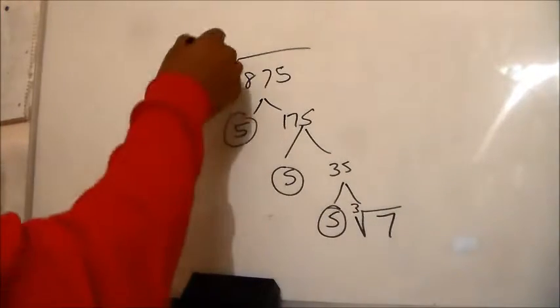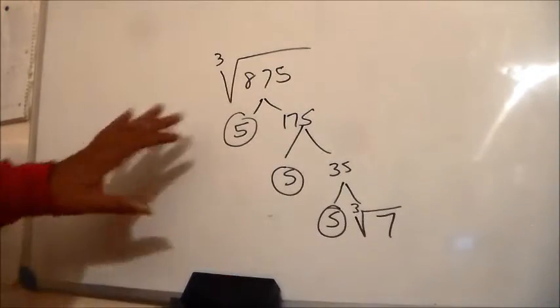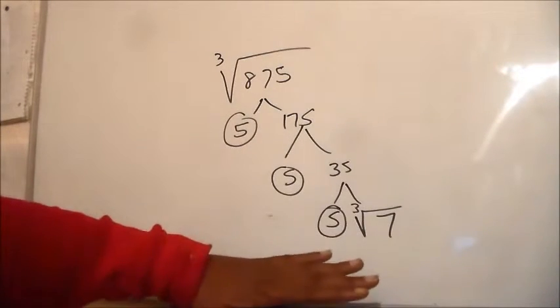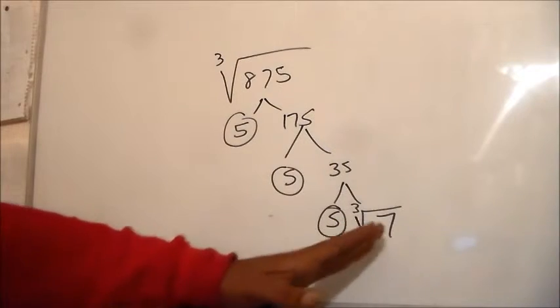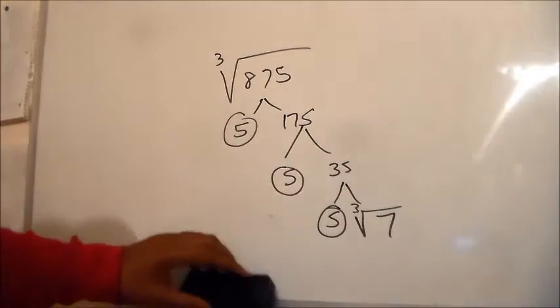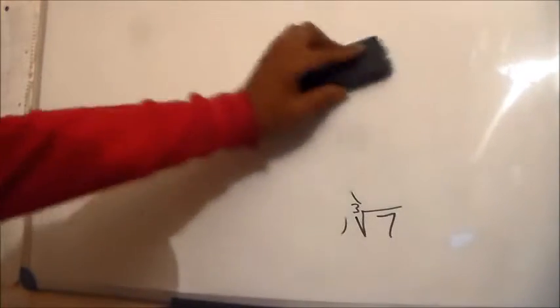I apologize, cube root. Boom. We want 3 continuous factors. Whatever's left is left. We don't worry about that. We just stuff it back under the cube root, and that becomes our answer. So that is a real easy way, I think, to teach it and simplify it.